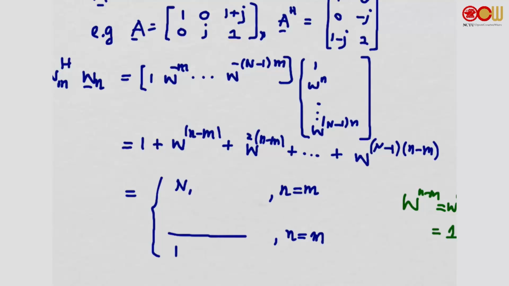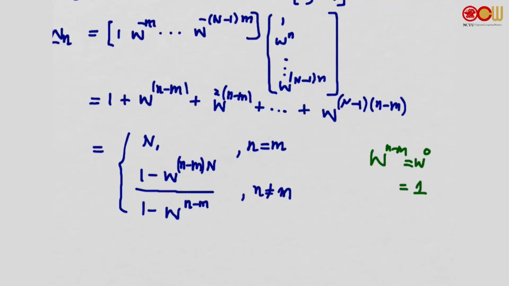The common ratio is W^(n-m). Oh, this is n not equal to m. At the numerator, we have 1 minus W^((n-m)N). And how many terms are there? There are a total of N terms.